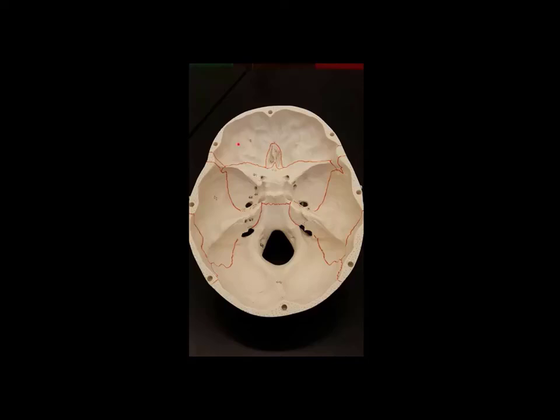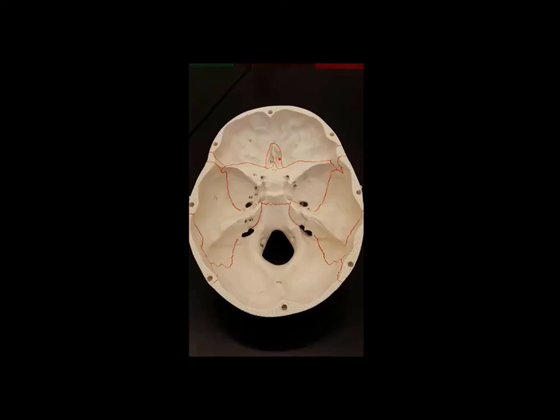Beginning at the top, this area right here is the frontal bone. This kind of roughly triangle or oval shaped bone right here is the ethmoid bone. Remember, we see that from several different views. And there's two different parts to the ethmoid bone that we need to know. There's kind of a flat area and a raised area.